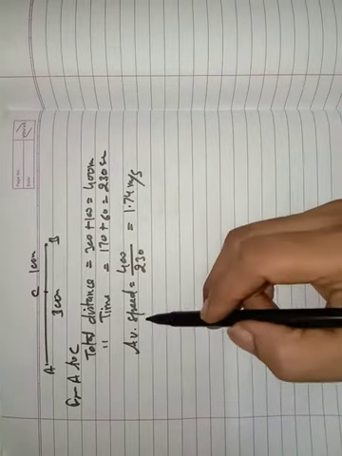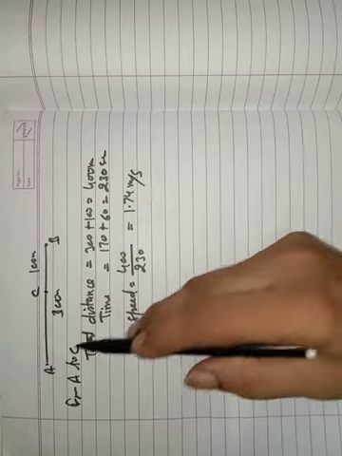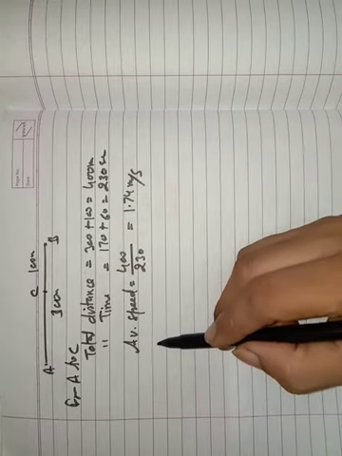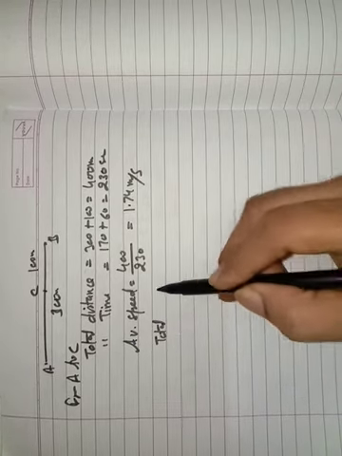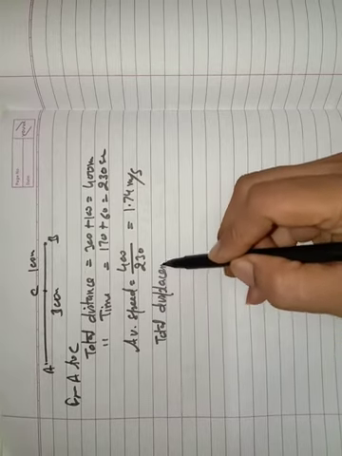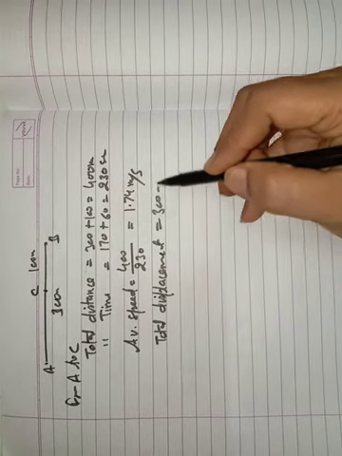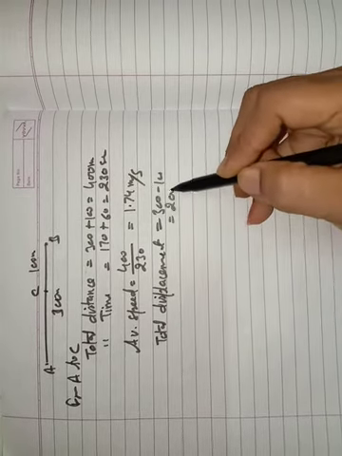Now for average velocity, we will find the displacement. Now you will write here the total displacement of Joseph from A to C. Total displacement of Joseph from A to C is 300 minus 100, that is 200 meter.